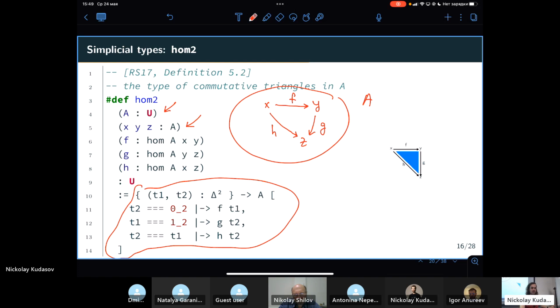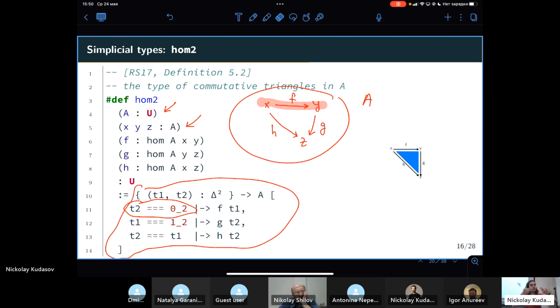And then this type says that we take now all the points in the two-dimensional simplex, so in the triangle, such that if t is equal to 0, which corresponds to this entire thing, it has to be equal to f. Now, importantly, f is of this type hom, right? Which gives us labels for all points along this upper edge of the triangle.